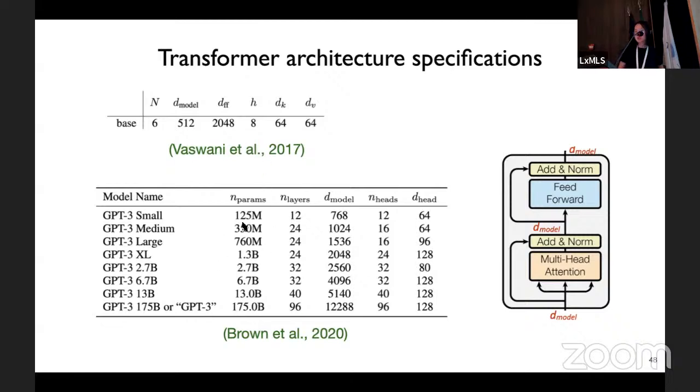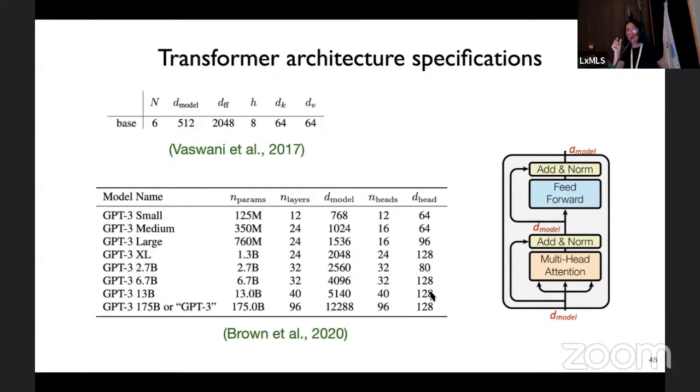But if you look at the GPT-3 models, the largest GPT-3 model has 175 billion parameters. Actually, I cannot remember the exact number here, but it is 175 billion parameters and 96 layers. The hidden dimension is way bigger, about 12,000, with 96 heads.